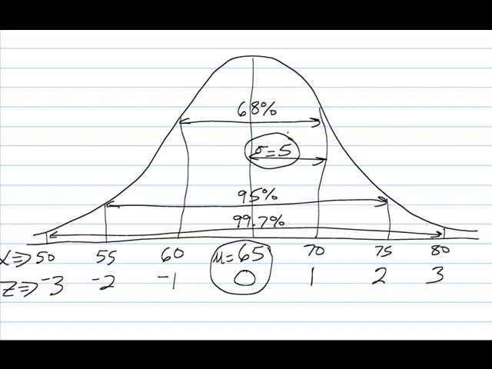Now that distance goes from 0 to 1, so for this z distribution, this distance or this standard deviation is 1 whenever you talk about the z distribution. So whenever you transform x values into z values, if they come from a normal distribution, those z values are now normally distributed with a mean of 0 and a standard deviation of 1. This is a very important characteristic of z values.